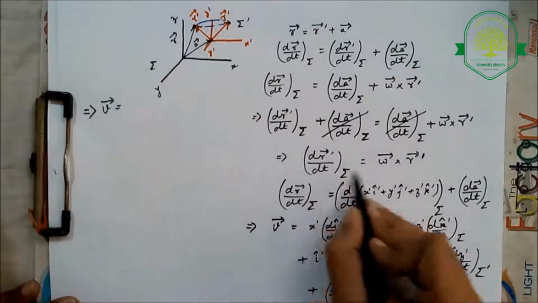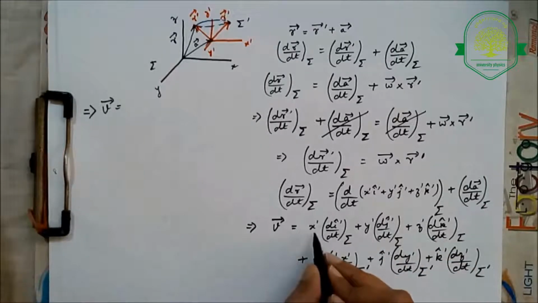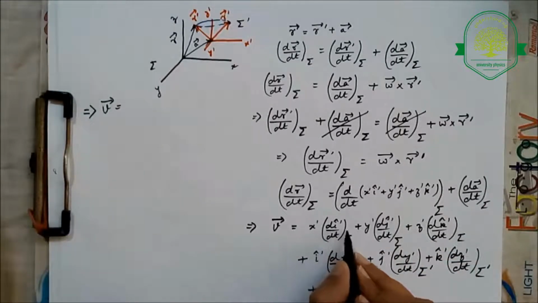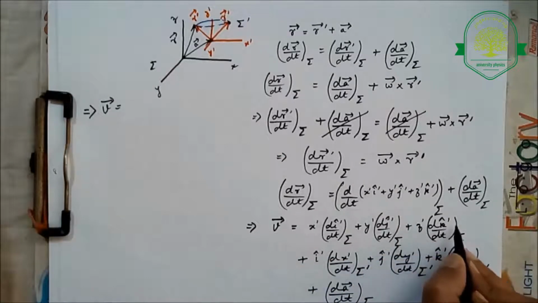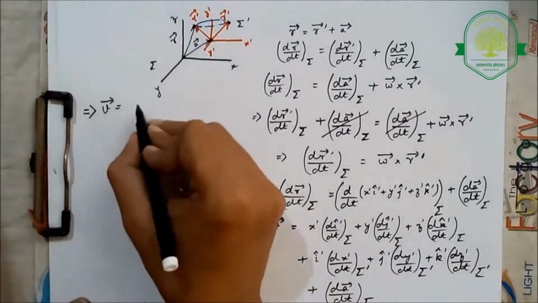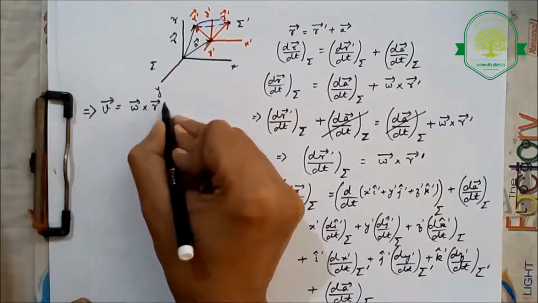We can apply this formula for these derivatives, and we can say that this is x primed times omega cross i cap primed, y primed omega cross j cap primed, z primed omega cross k cap primed. So we get omega cross r primed.